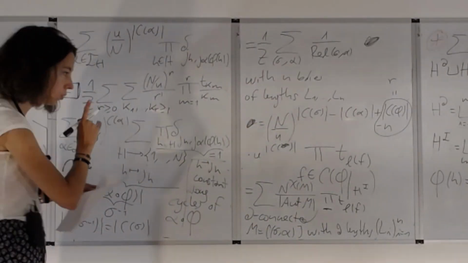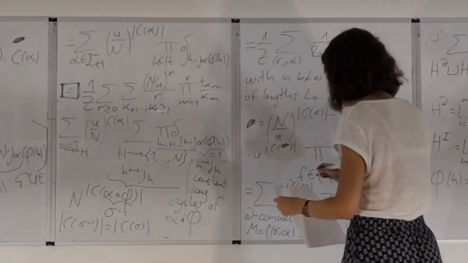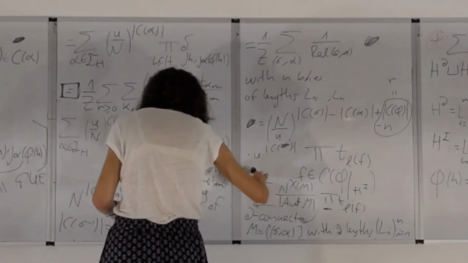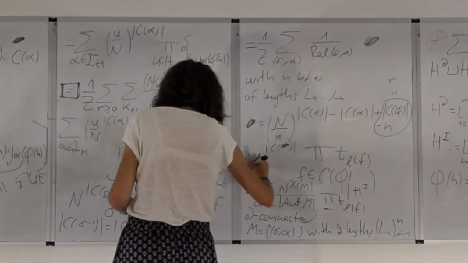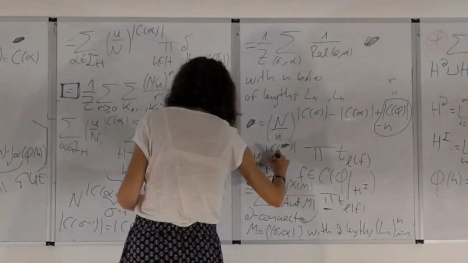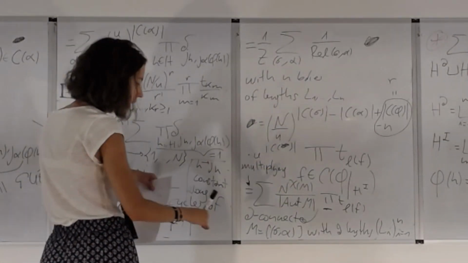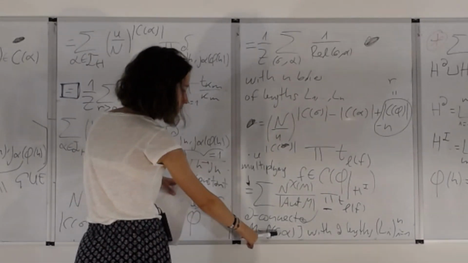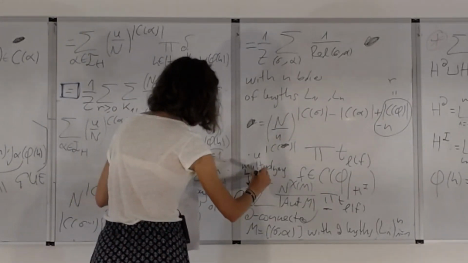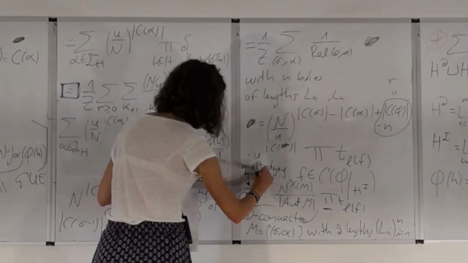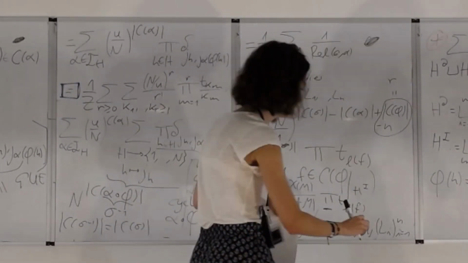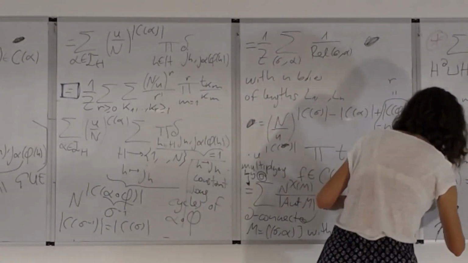So what are we doing here? In this equality, we are just multiplying by the number of guys in every class. This requires quite some techniques.